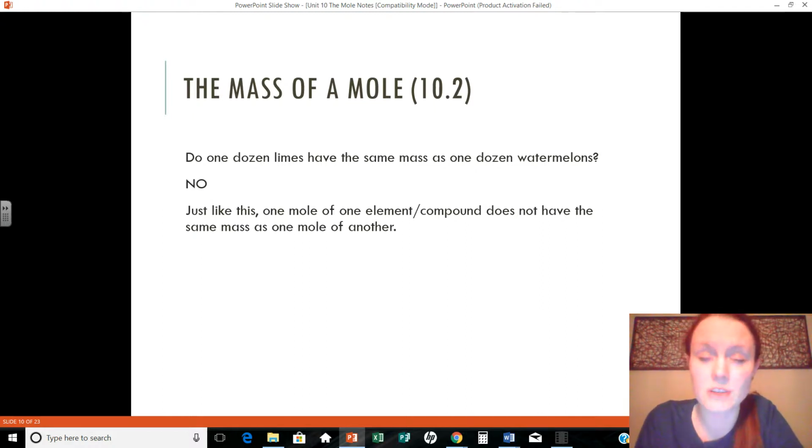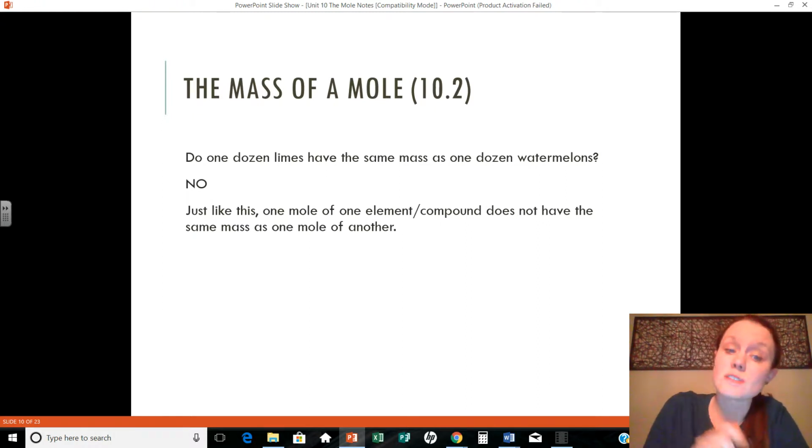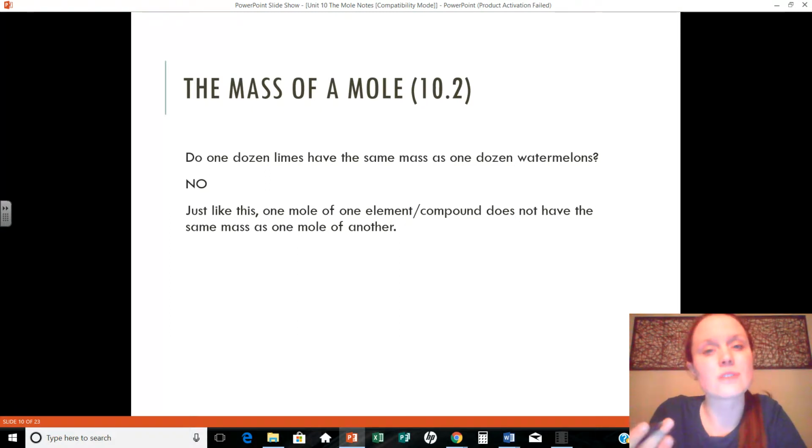You should all be nodding your heads. Yes, Mrs. Casey, they're going to have different masses. If you don't know that, you need to go to the grocery store. But that's a good example to show you that using the same counting unit, 1 dozen, the two groups can have very different masses because you have 1 dozen of a different type of fruit. Well, a mole is just like a dozen.